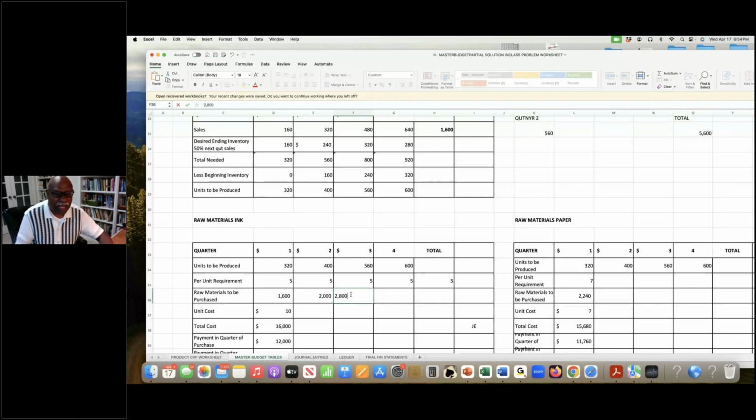Now, how much are we going to have to purchase the fourth quarter? 3,000. So all we're doing is multiplying these numbers by the per unit requirement. 320 times the per unit requirement of 5. Total to be purchased. Our unit costs us $10 each.